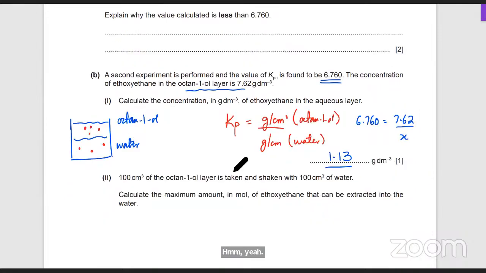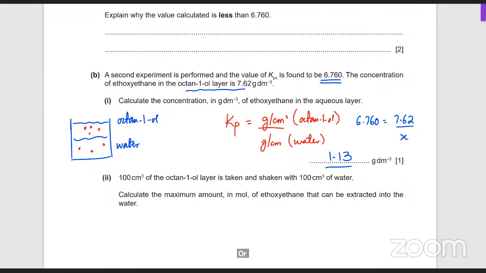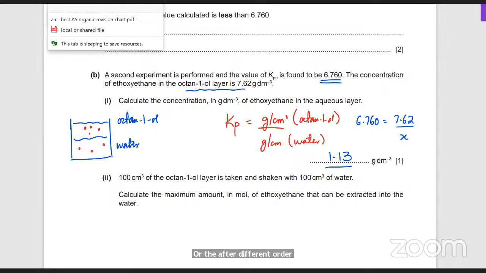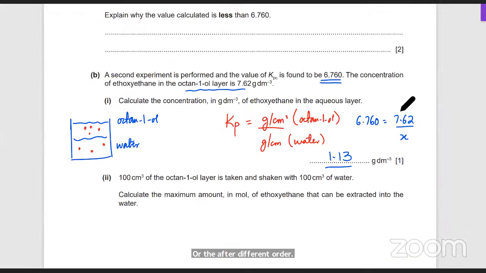अगला भी 100 cm cube octane 1-ol is shaken with 100 cm cube water. Calculate the maximum amount in moles of... मेरा आंसर 0.98 आ रहा था. किधर? अच्छा वो नहीं 6.76 पर नहीं, मैंने कहाँ से दिया वो? नहीं वही है. 7.6 and the value of KPC is found to be वो भी दिया हुआ है. जी सर मेरा डिफरेंट आ रहा था. नहीं इसका क्या आ रहा है ये बताओ.